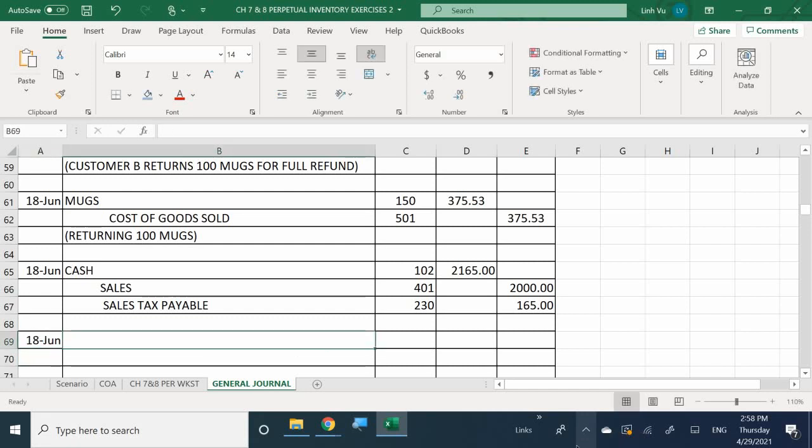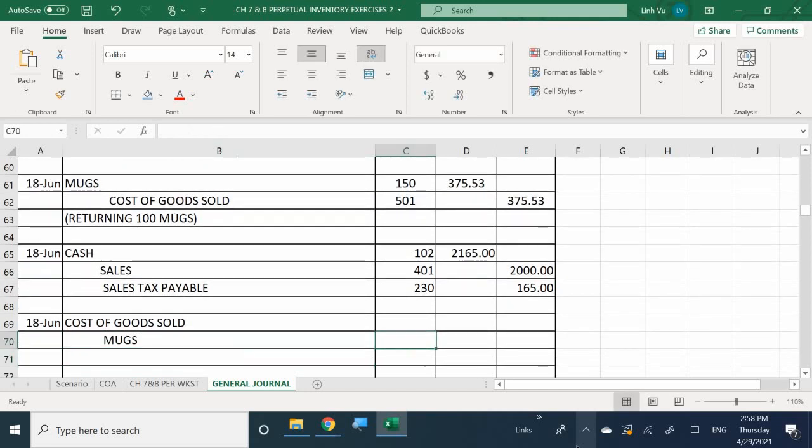But in this case, I can just directly link it to the second part of the journal, which is we need to start calculating our cost of goods sold. And we need to update because we sold a total of 200 mugs. Okay.